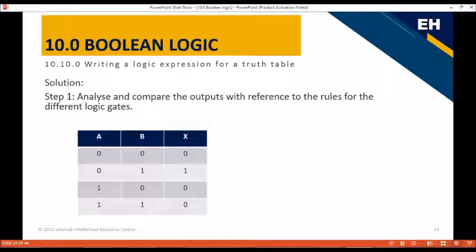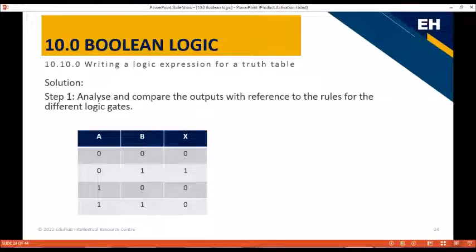The first step, we shall be analyzing and comparing the outputs with reference to the rules for the different logic gates. Now, what this basically means is that you recall the rules for all the different logic gates you have learned in the past, and compare those rules with what seems to apply on this truth table.